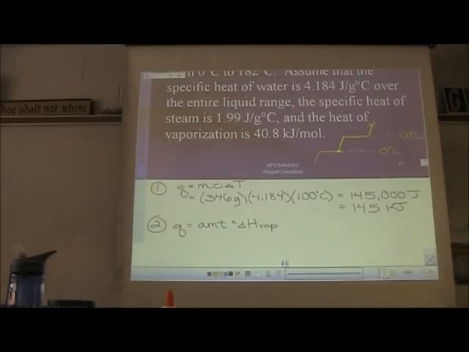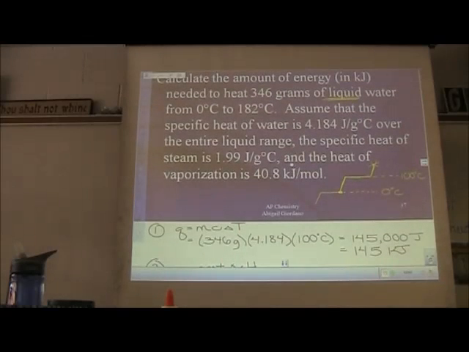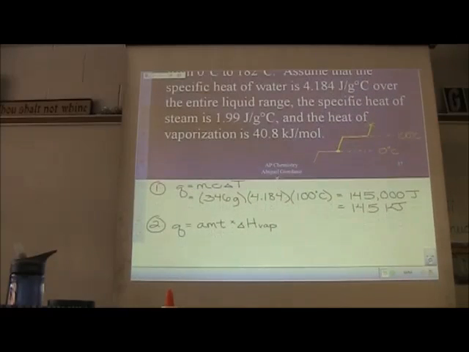Was I given moles of water? No, but you could get it. 346 divided by 18 gives you 19.2 moles. Times that.